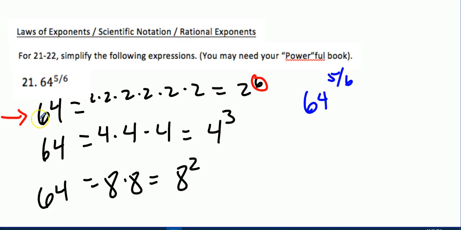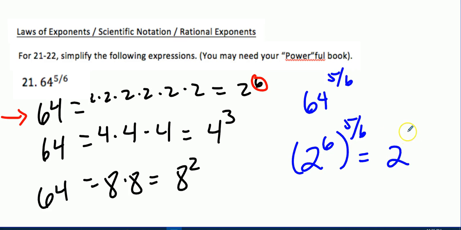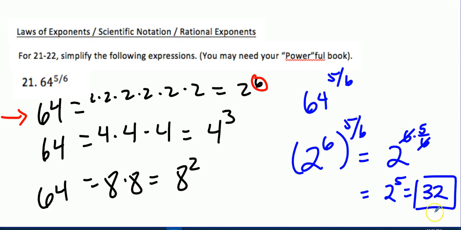But taking this 2 to the 6, I'm going to do 2 to the 6 to the 5/6. And when I do that, it's a power to a power, so I end up multiplying exponents. And I can cancel those 6's. And now I have 2 to the 5th. And if I look at my powerful numbers booklet, or if I do this on the calculator, I find out that this is 32.